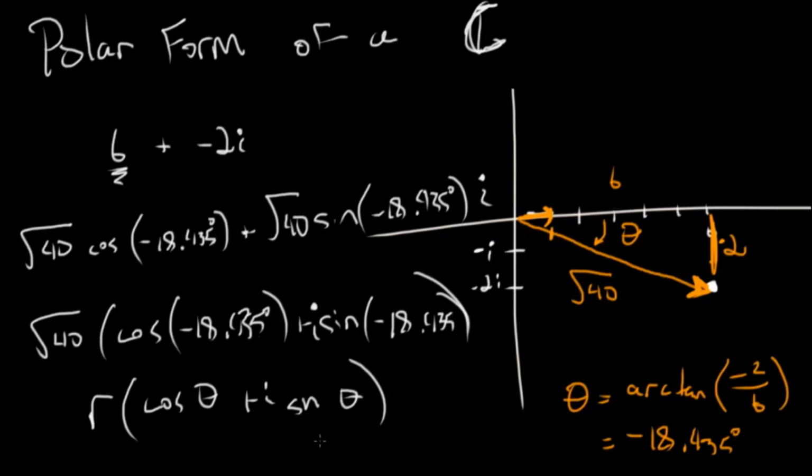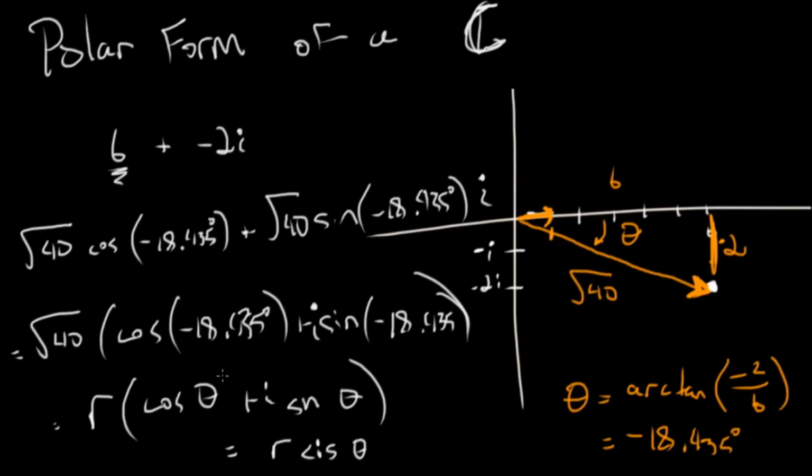I'm going to write it like this: r cis theta. That's shorthand for r cosine theta plus i sine theta. This is how we'll be writing polar numbers as we proceed.